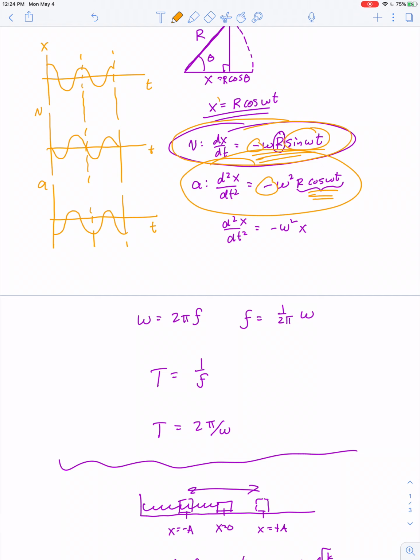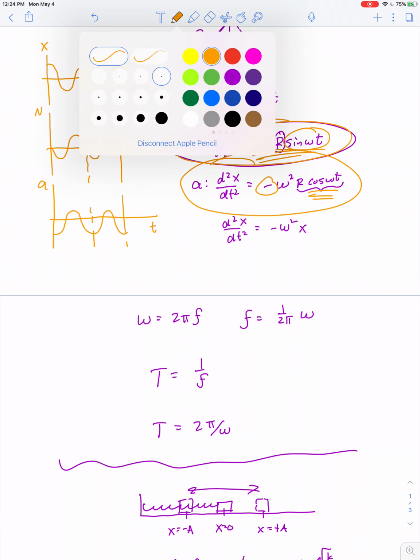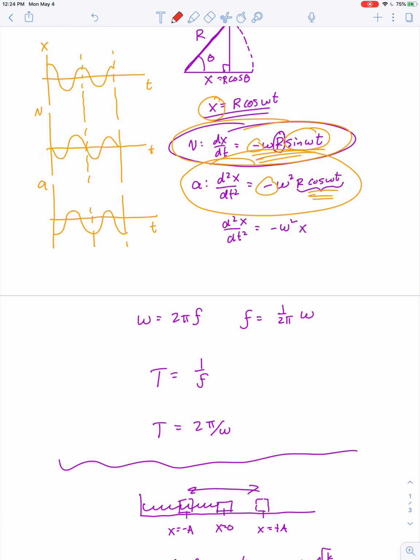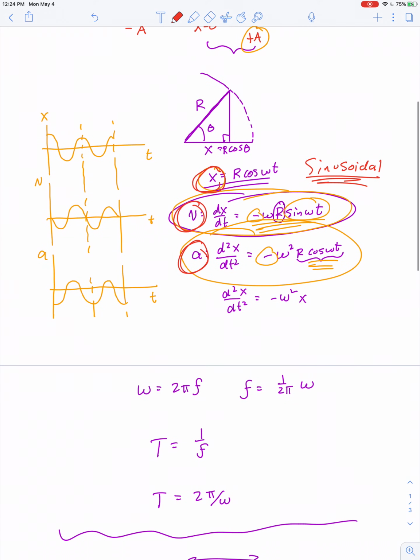So all three quantities, position, speed, and acceleration, are all sinusoidal. And they all cycle somewhat out of phase with one another. When the position is a maximum, the speed is 0, and the acceleration is a minimum.